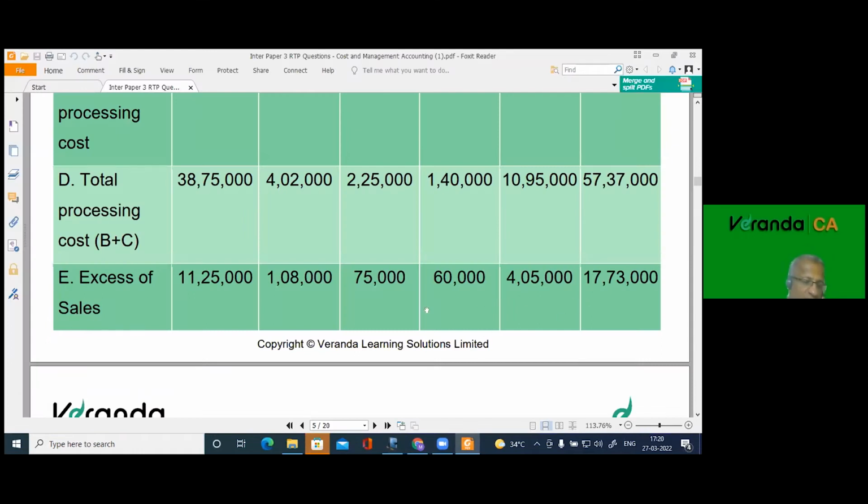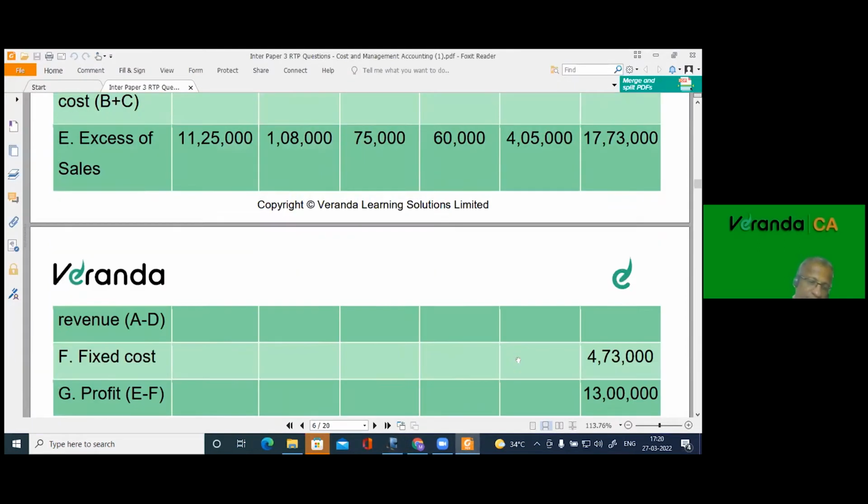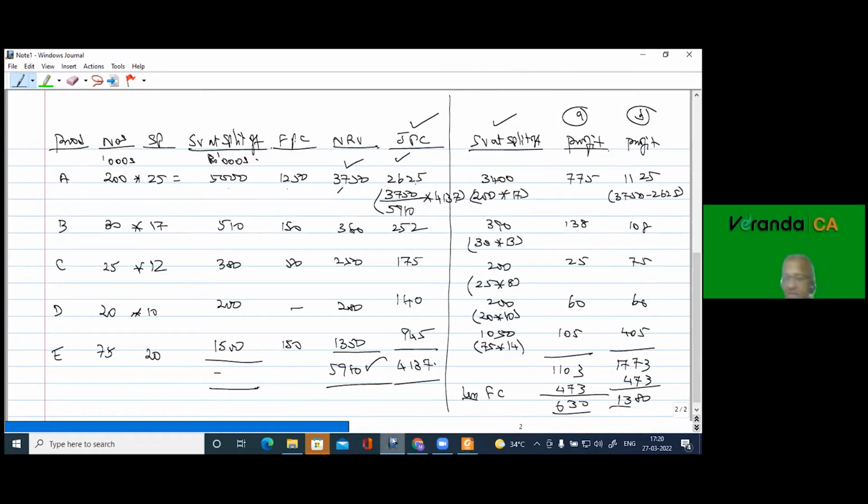Now you find the sum of all that comes to 1773, 473, and it is 1300 as a profit. Correct? Are you understanding? So the best part, ignore that small error that I just committed. In one table itself, you can finish out the solution for both.